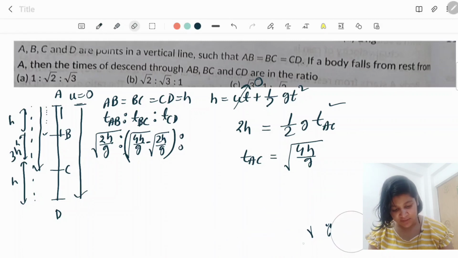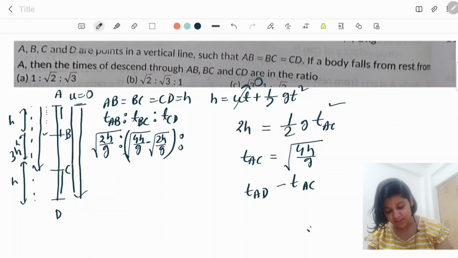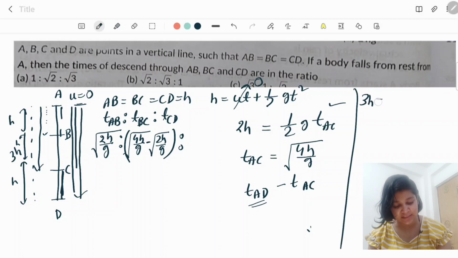Now we are going to find out the time taken in going from C to D. For that, we are going to find out the time taken in going from A to D and then subtract the time taken in going from A to C. If we subtract this from this, then we will get the time taken in traversing C to D. So we will have to find this out. You see, from A to D, the distance is 3h.